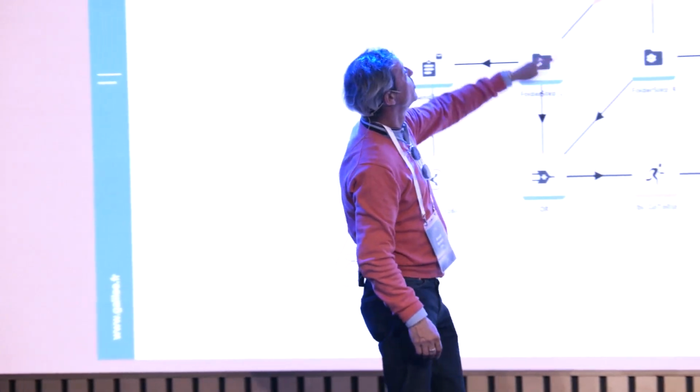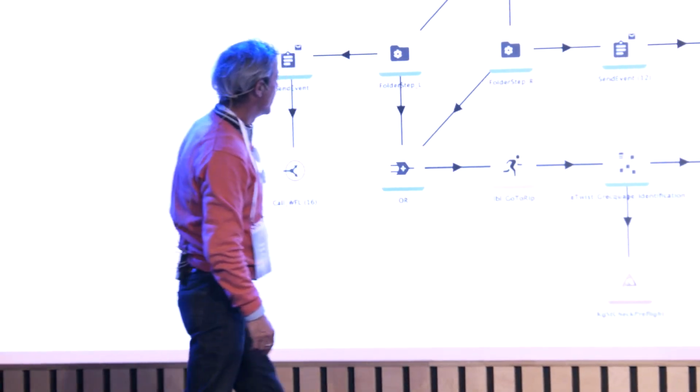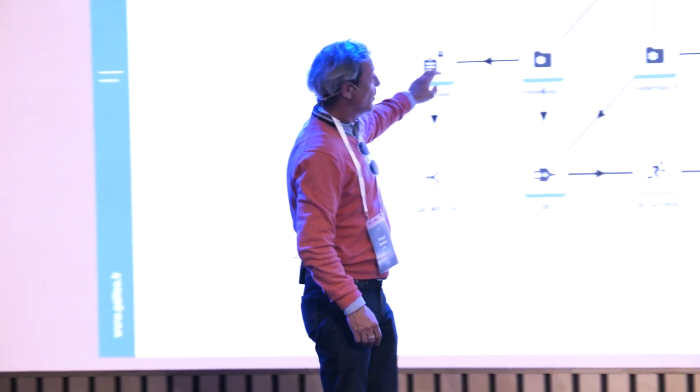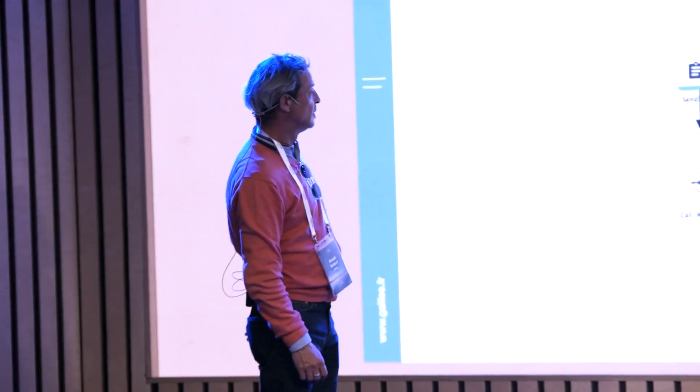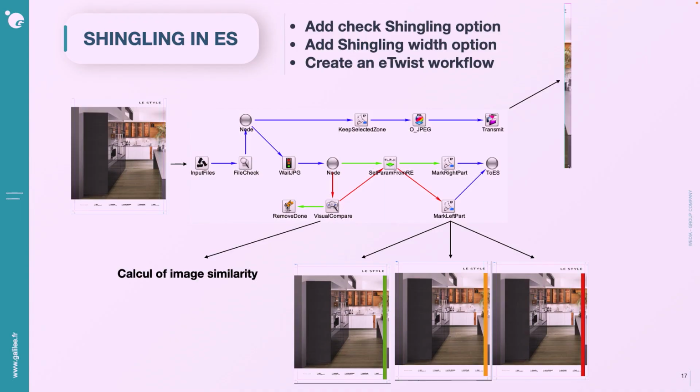And therefore, we can do a simple workflow with a preview generation and call a specific twist workflow. And into this twist workflow, I can send my page. I can extract the part that I am interested in. So I can isolate this part over there.